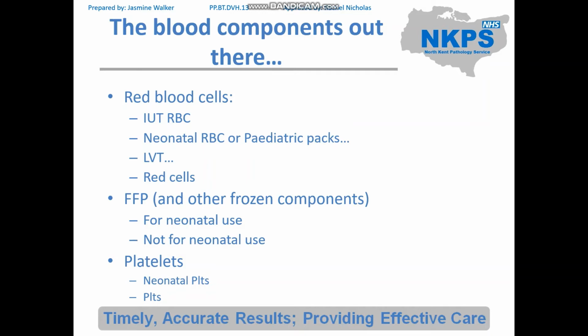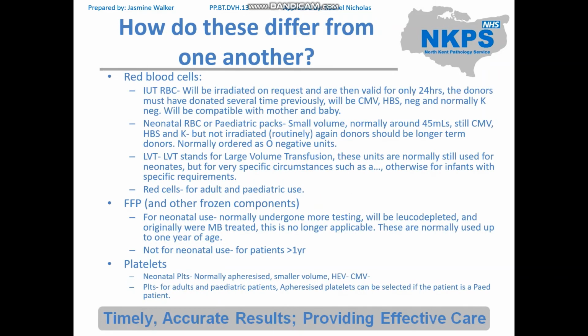LVT, which is large volume transfusion red blood cells, and then normal red blood cells. FFP, you have FFP for neonatal use and just adult FFP, and the same with platelets, you have neonatal platelets and normal platelets. I would like to add the caveat that you have the ability for platelets and red blood cells to have irradiated products. There are also exchange ones and more specialist components, but as that's not the purpose of this talk, I'm not going to go through them in much detail.